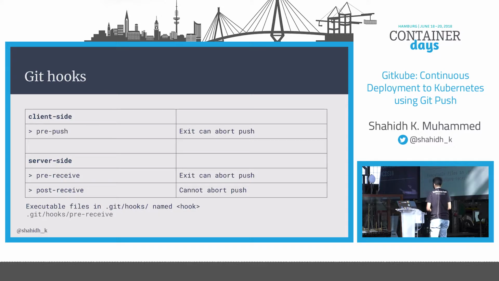So this is made possible by using something called Git hooks. And Git hooks are awesome. How many of you have used Git hooks? Oh, okay, that's a huge crowd, more than I normally see.